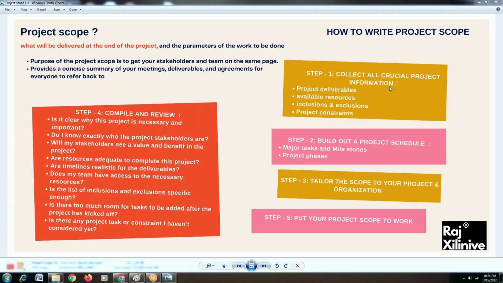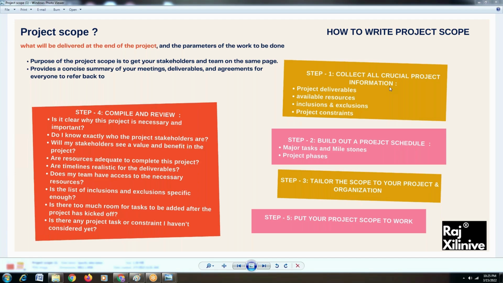Along with that, you must know about the phases of the project, because any project will have different phases. This is what we call SDLC phases. Whenever you are developing any application, there are stages of SDLC, such as analysis, planning and design, implementation, testing, deployment, delivery, followed by maintenance.